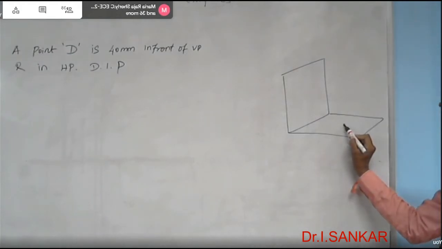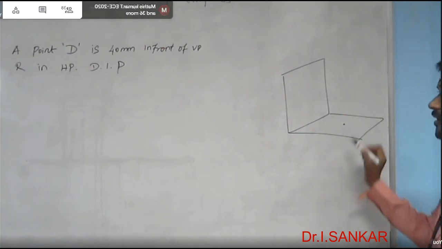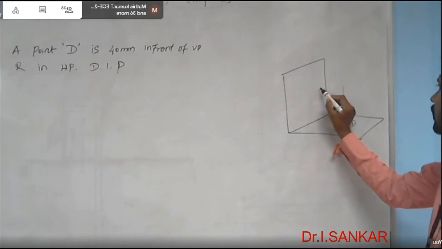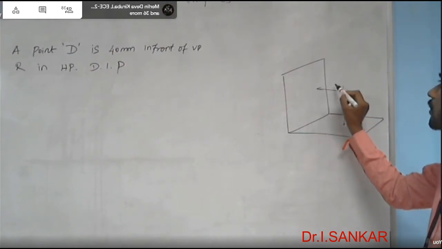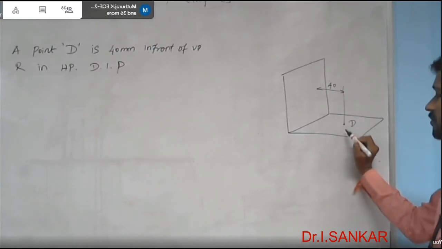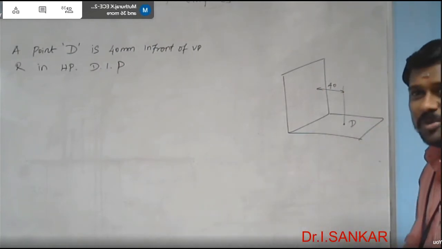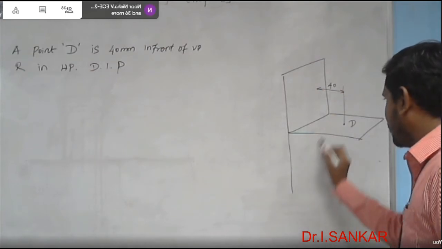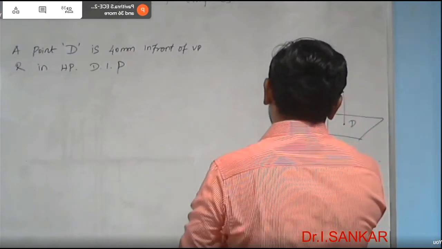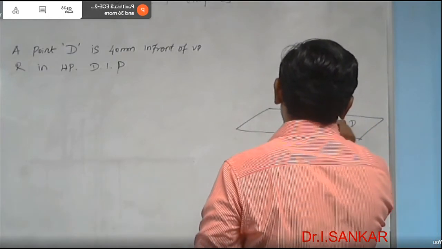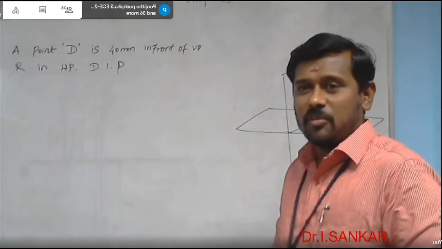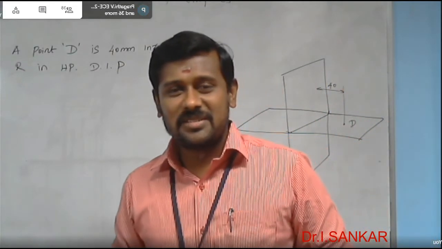This is the point. The point name is D. It is 40 mm in front of VP and in HP, 0 above HP or 0 below HP. Any idea about the quadrant of the point? First, second, third, fourth.